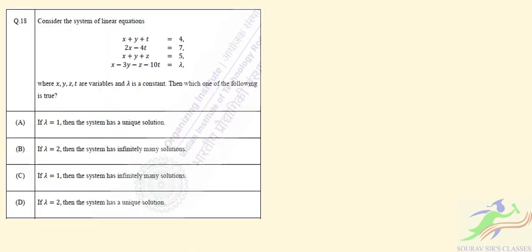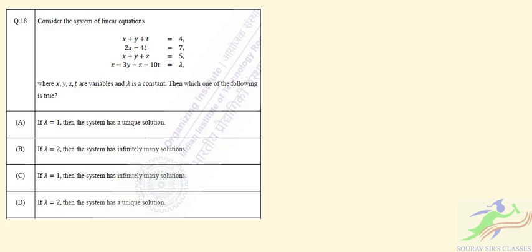Question number 18 says to consider the system of linear equations. We have four equations with four variables x, y, z and t, where lambda is a constant, and we have to find which one of the following is true out of these four options. First we can write it in the augmented form.